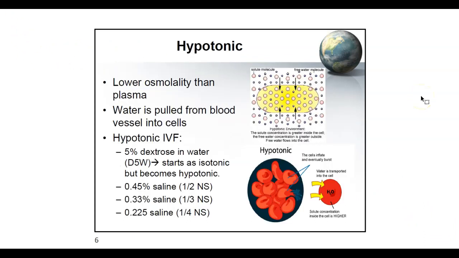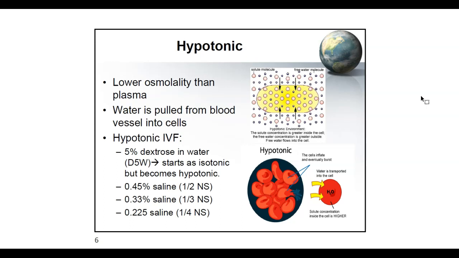Next, let's talk about the hypotonic solution. As mentioned earlier, hypotonic solution will have lower osmolality than plasma or serum. So just remember that fluid or water is attracted to a place of higher concentration.